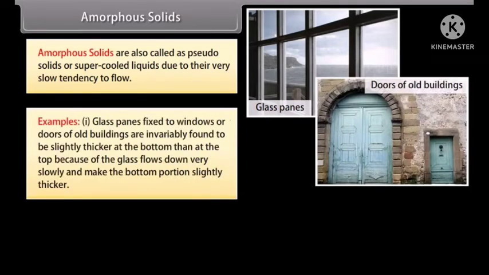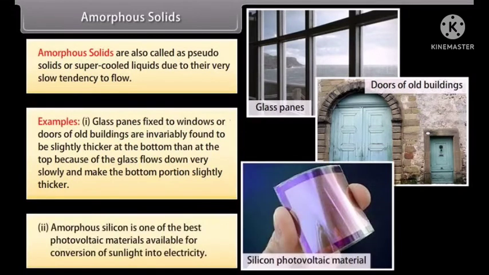Glass panes fixed to windows or doors of old buildings are invariably found to be slightly thicker at the bottom than at the top, because the glass flows down very slowly and makes the bottom portion slightly thicker. 2. Amorphous silicon is one of the best photovoltaic materials available for conversion of sunlight into electricity. Difference between crystalline and amorphous solids.